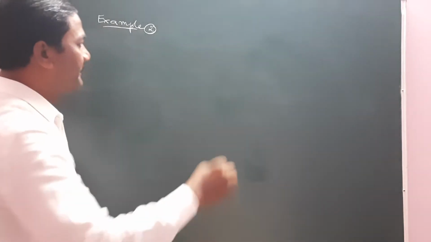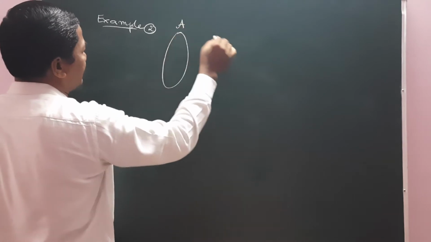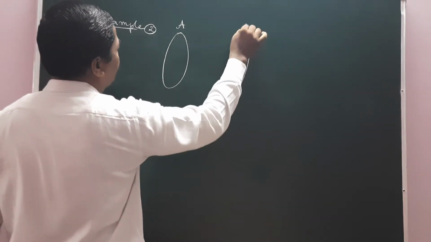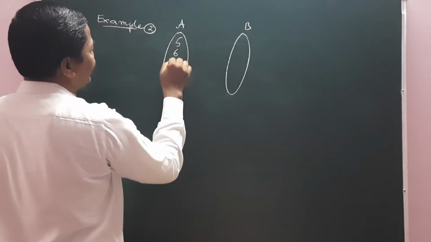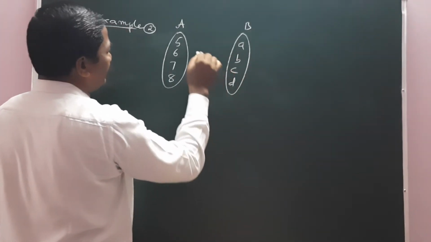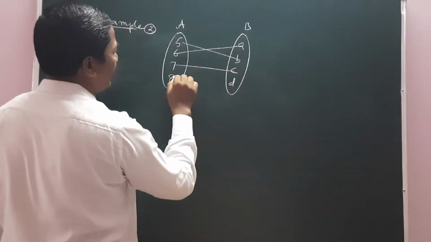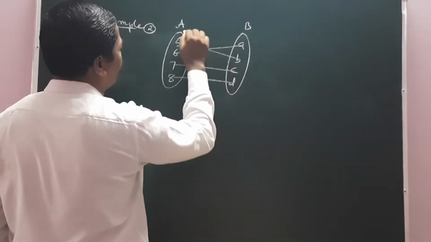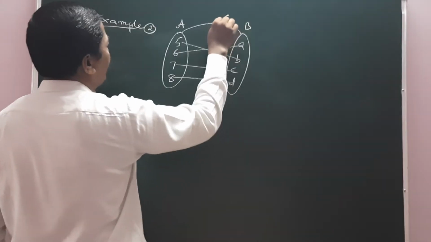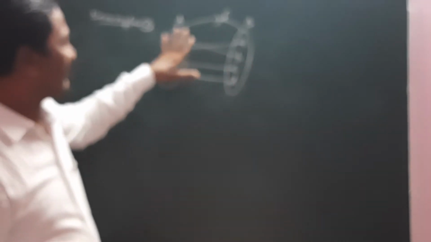Example 2. Suppose A is one set and B is another set. A is 5, 6, 7, 8 and B is a, b, c, d. 5 is associated with b, 6 is associated with a, 7 is associated with c, and 8 is associated with d only. That is, f is a mapping from A to B. That means all elements of A are associated with elements of B. What is the range?